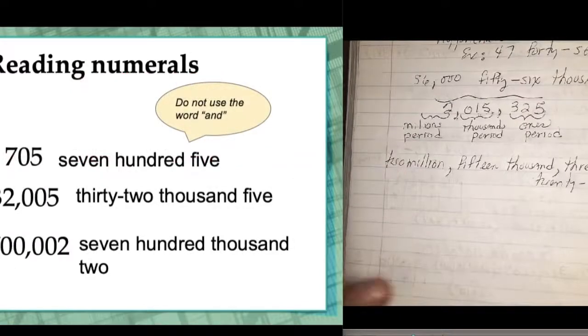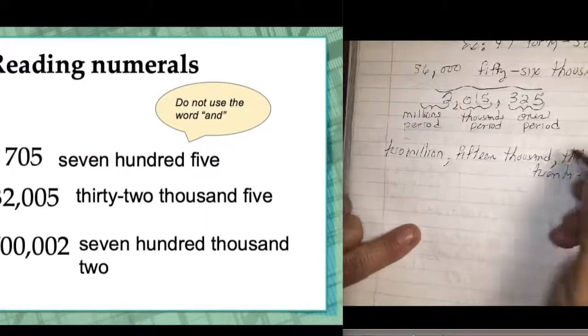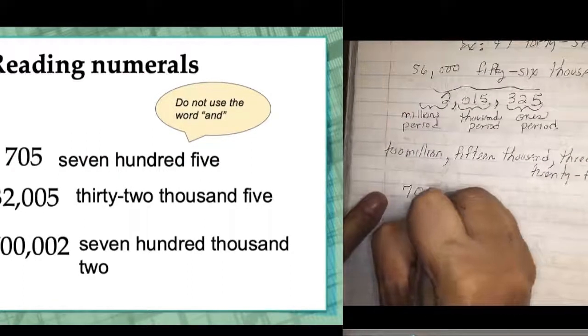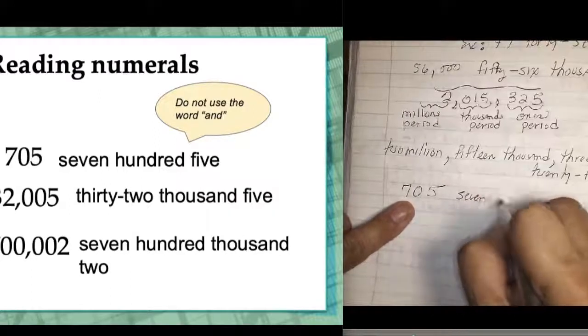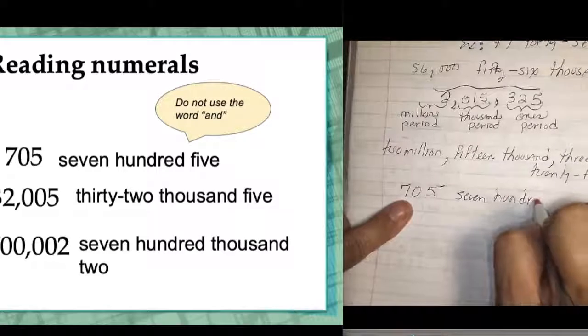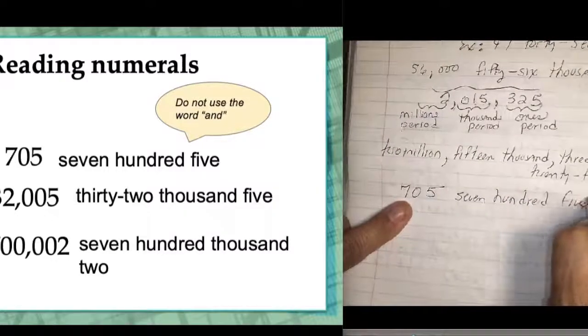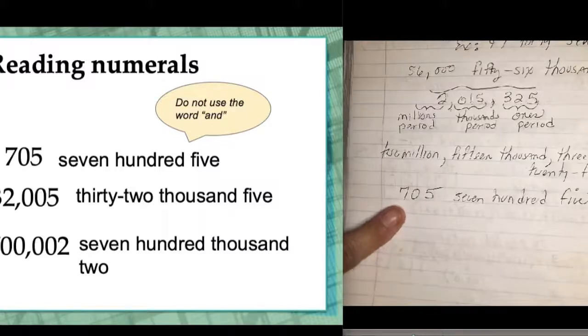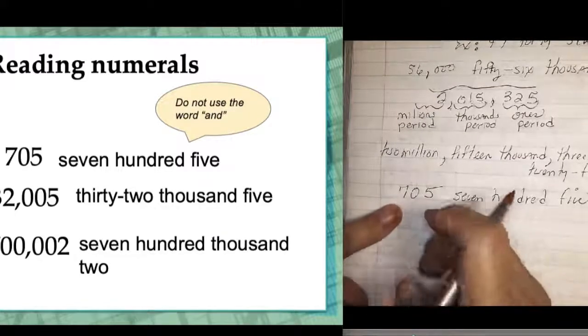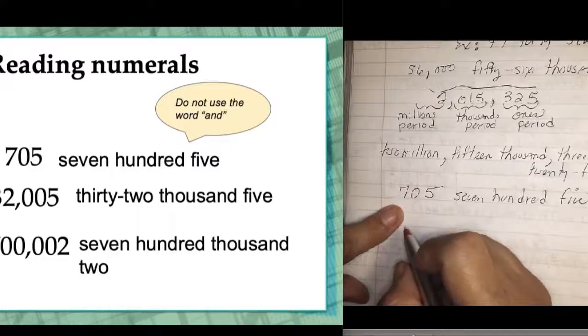Okay. As we continue reading numerals, be careful here. So let's write down this example. This is 705. Do not use the word and. Everybody does this. I do this by accident. I'll say 705 with an and, or worse, I'll say it with another and.